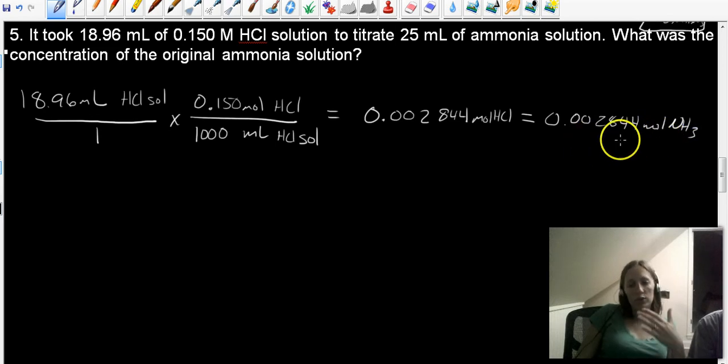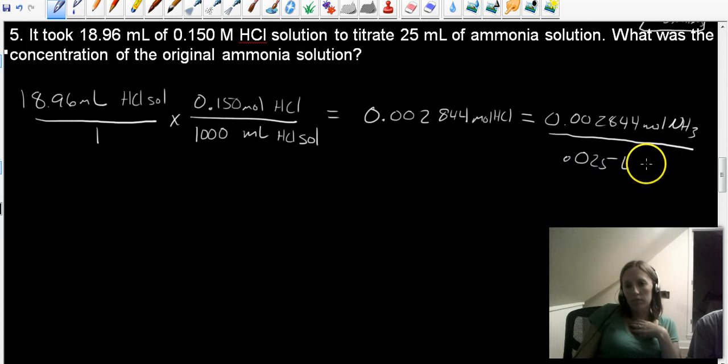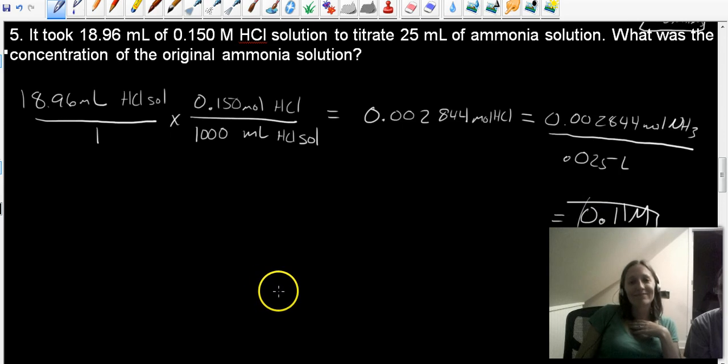That's going to be moles over liters, which 25 mLs is 0.025 liters. And that gives you 0.11 molar NH3. Bam. That's it. Bye.